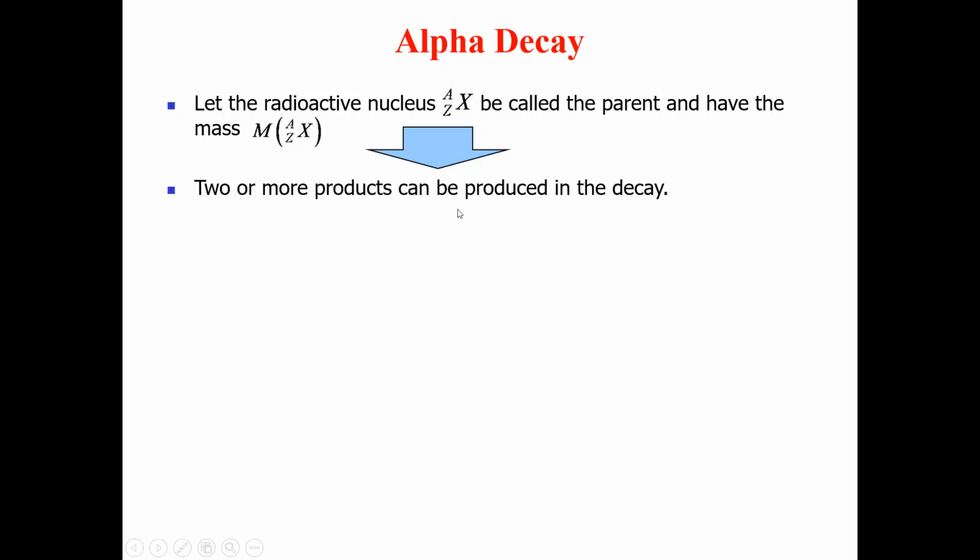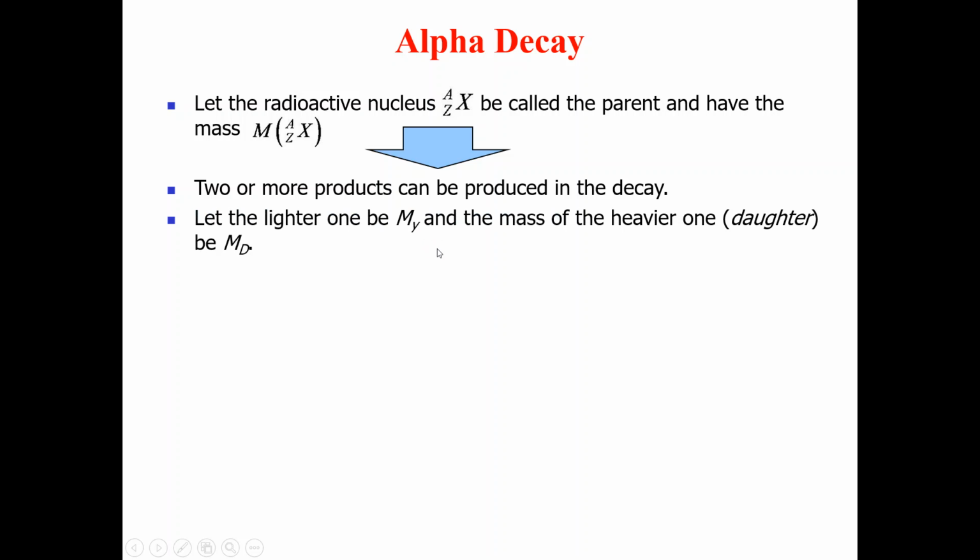So what happens after then? Two or more products can be produced in the decay. When the decay process occurs, we have two or more products that can be predicted as the result of the decay.